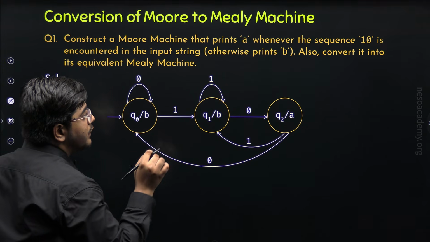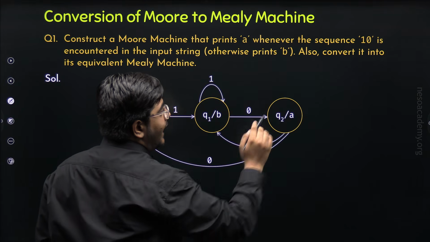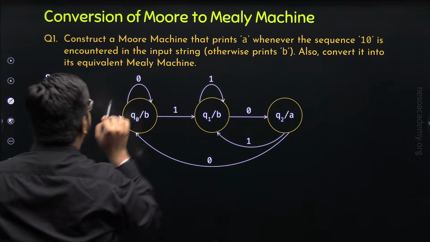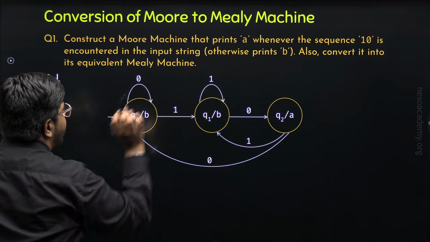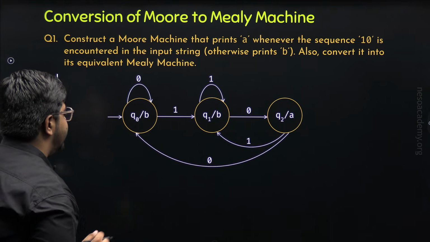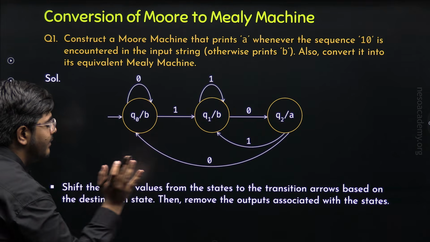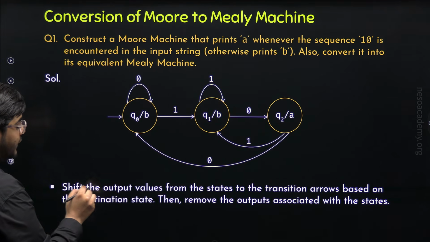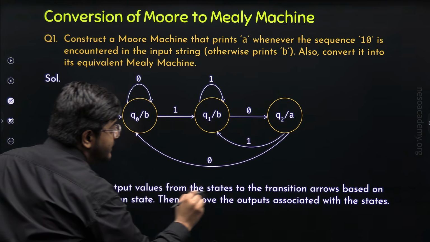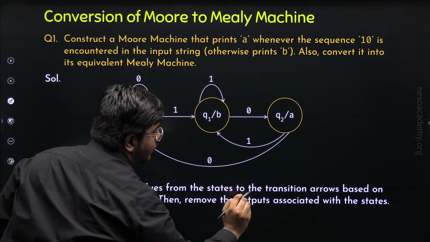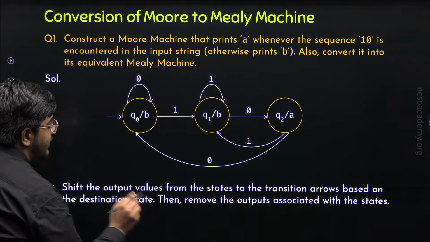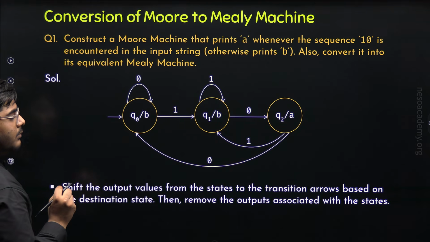Now let's come towards the agenda of this lecture, that is converting this Moore machine into its equivalent Mealy machine. Let's see. To convert this Moore machine into its equivalent Mealy machine, we are required to shift the output values from the states to the transition arrows based on the destination state. What does that mean?